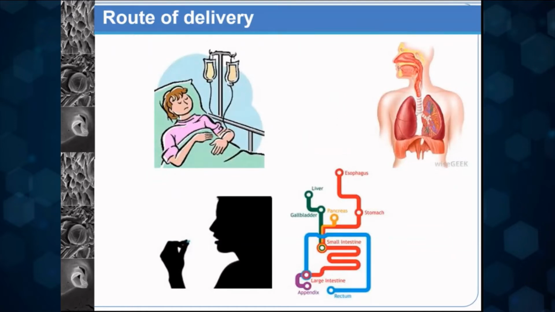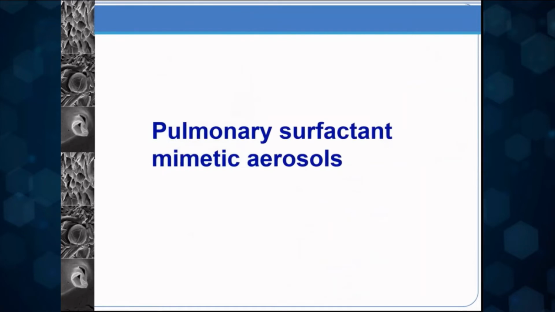So a carrier which is going through an intravenous route faces a different set of challenges as one which is being given orally, or one which is being given as an aerosol directly into the respiratory system. So depending on your route of administration, you have to modulate your biomaterial strategy to overcome the barriers expected to be faced during that particular route of administration.